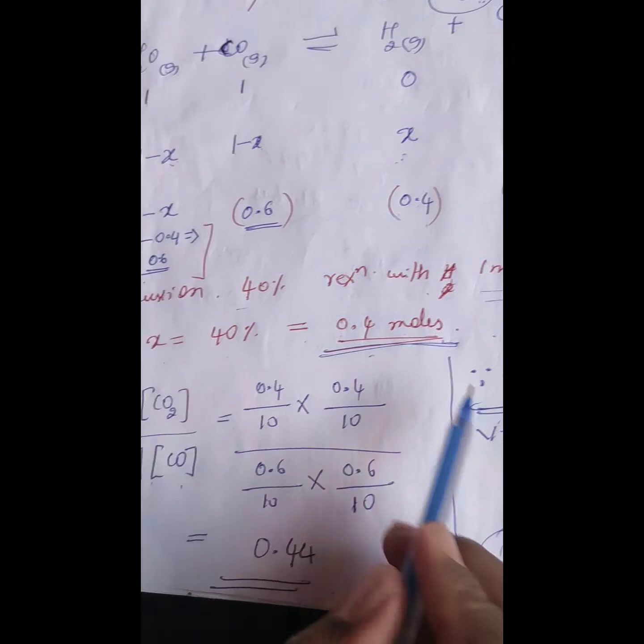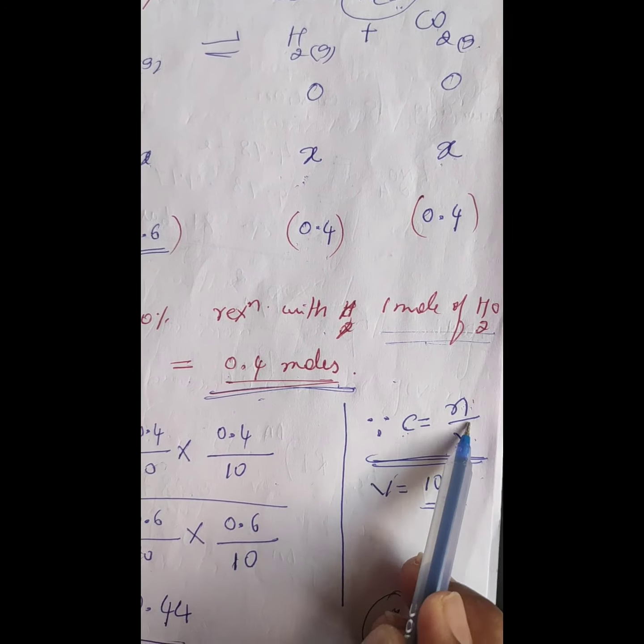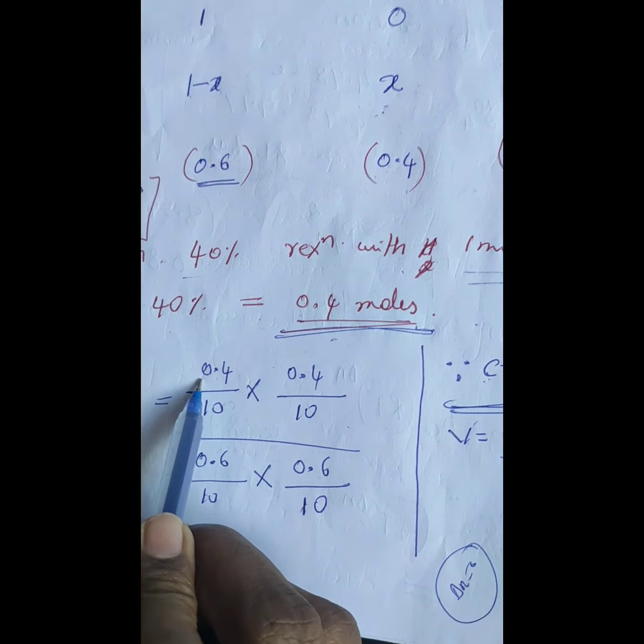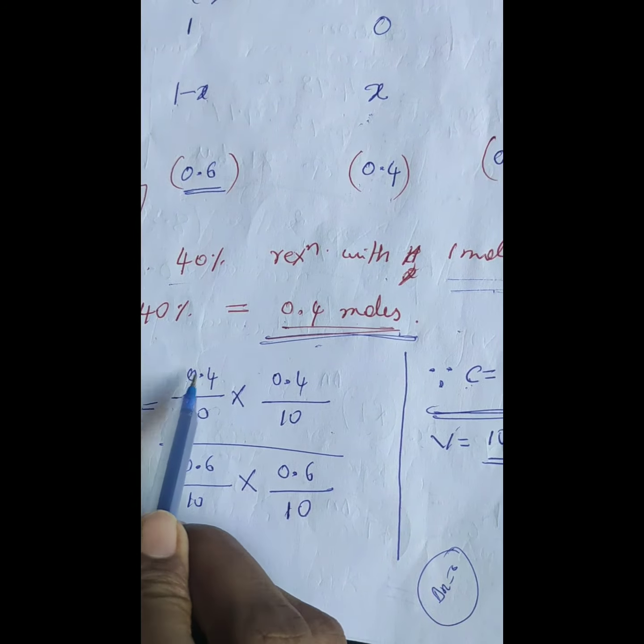Based on that, the concentration of hydrogen can be taken as the number of moles of hydrogen divided by its volume. Total volume in all the cases is 10. So 0.4 by 10, into the concentration of carbon dioxide, which is also 0.4 by 10.